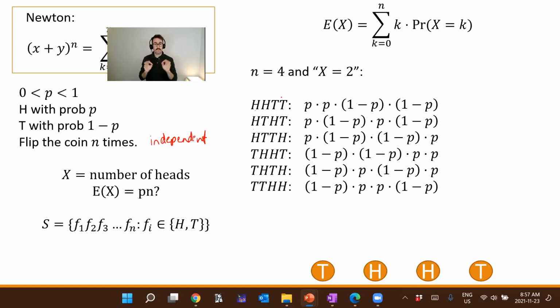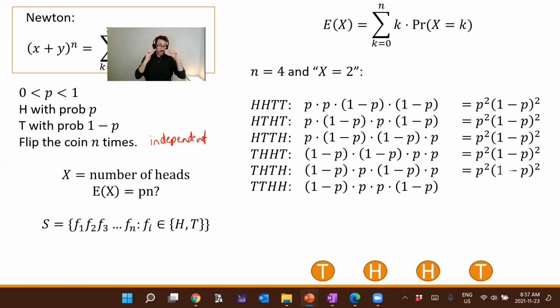Okay, so if we gather the like terms, multiplication is associative and commutative. So we can gather all of our p's together, p squared, and the 1 minus p's together, 1 minus p squared. In fact, if we look at all of them, they all evaluate to the same thing: p squared times 1 minus p squared.